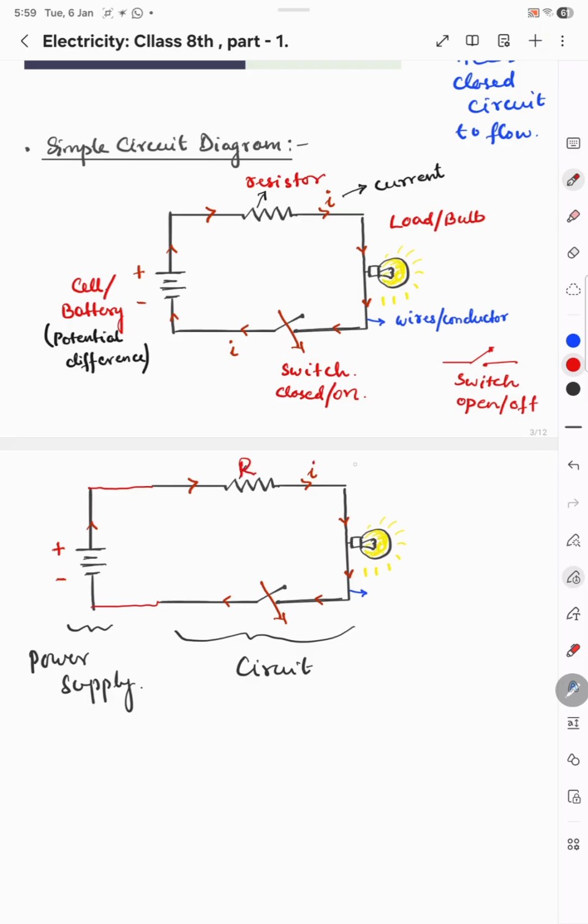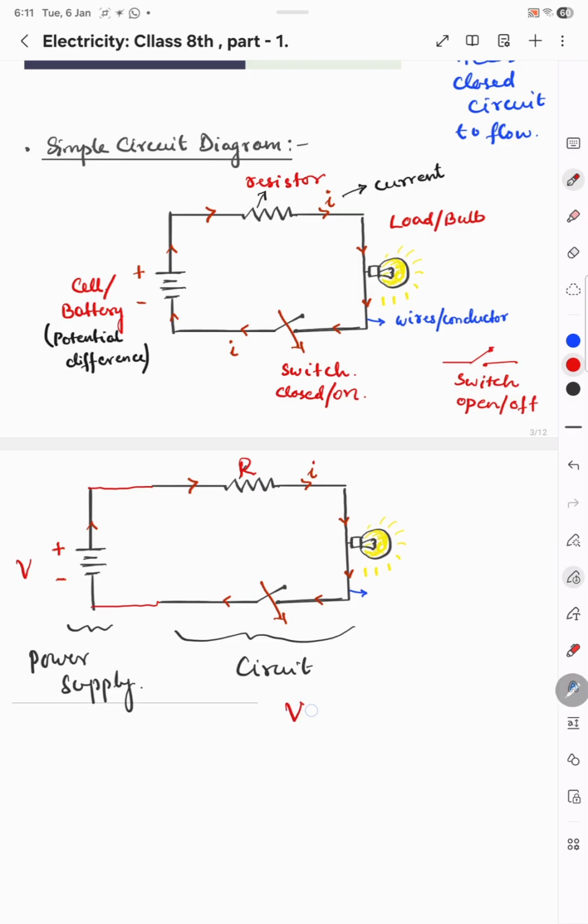Now let us suppose a current I flows through this circuit through this resistor R, and the potential difference is V, which is in between the positive and the negative terminal of the battery.